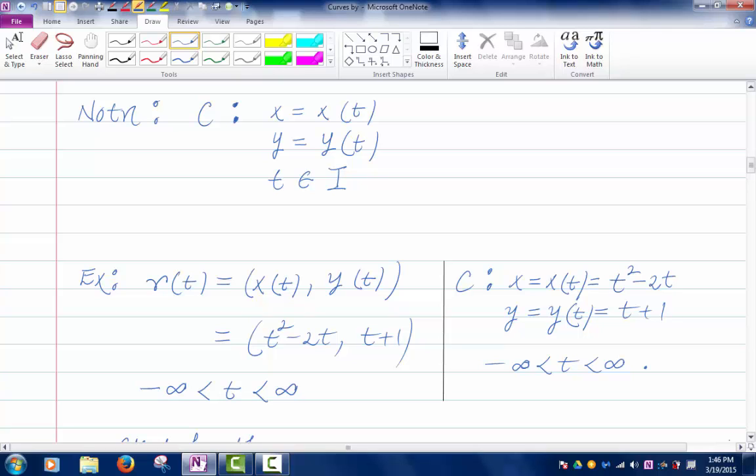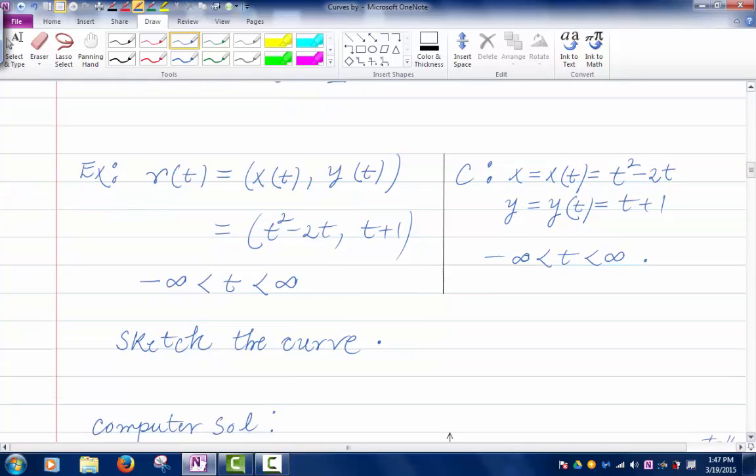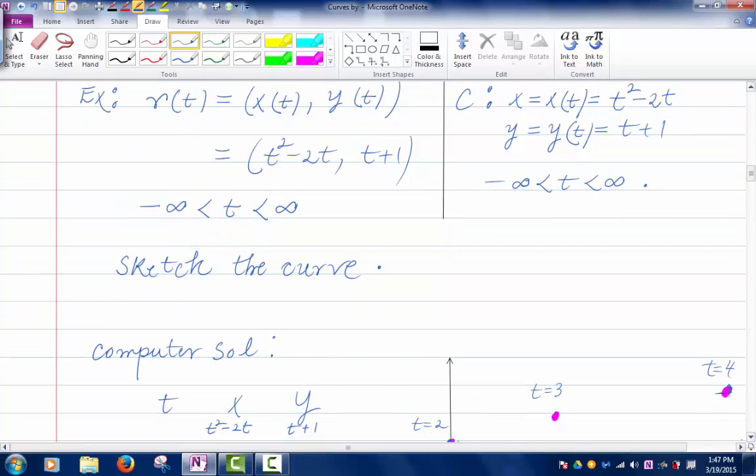Given the definition of the curve, we want to know how we can sketch, how we can come up with the plot of the curve, and then we need to know how we can determine the orientation of the curve. Okay? Is it clear? So that's the problem.